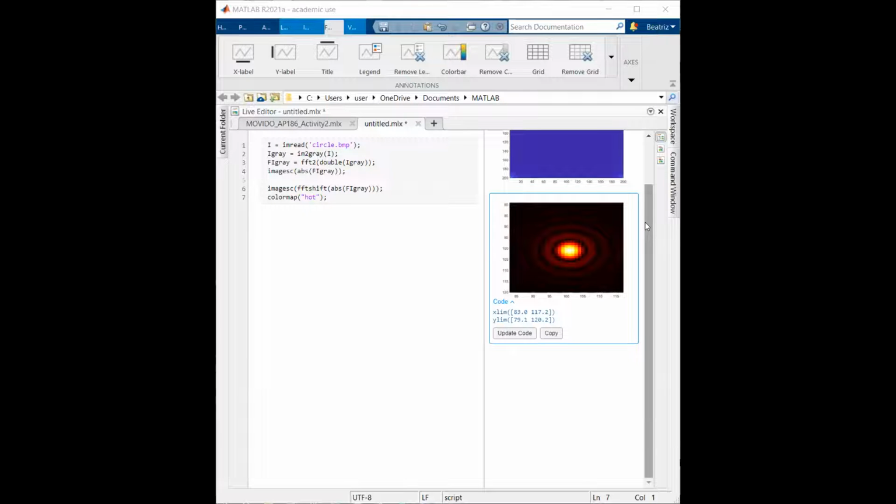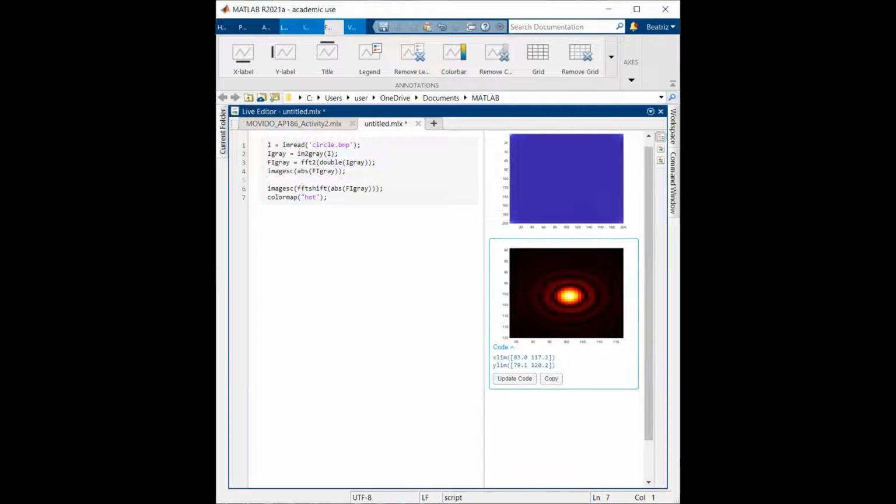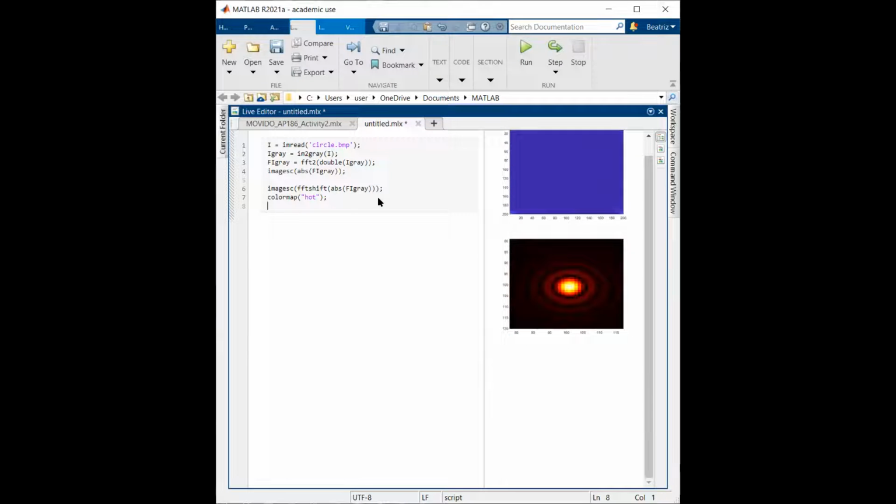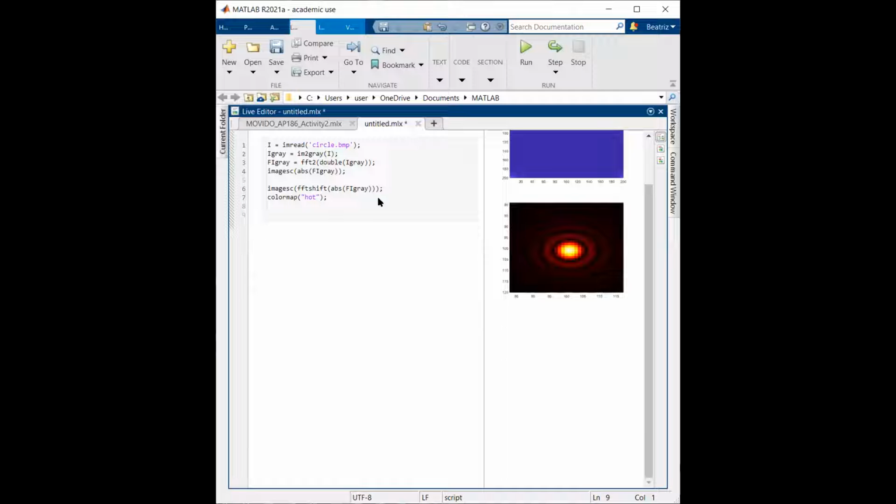So go ahead and try. What is this? FFT gray, ano? There is an inverse Fourier transform function, okay? So I'm deviating from the procedure, but go ahead and after colormap hot, I'd like you to create IFFT gray.